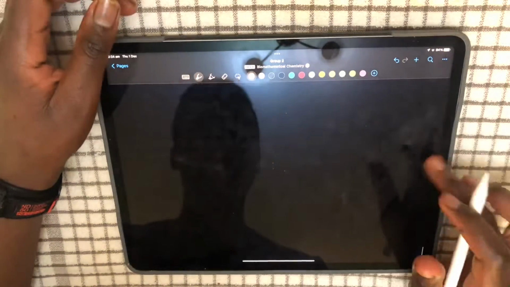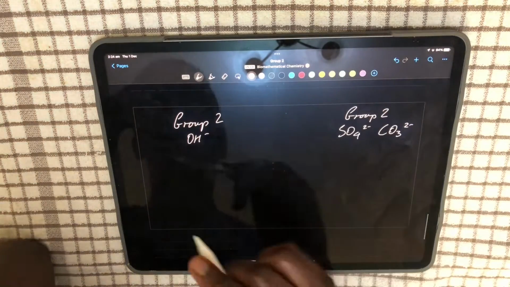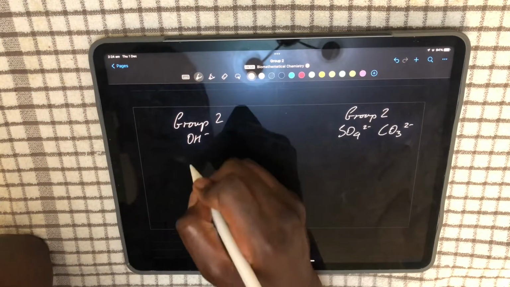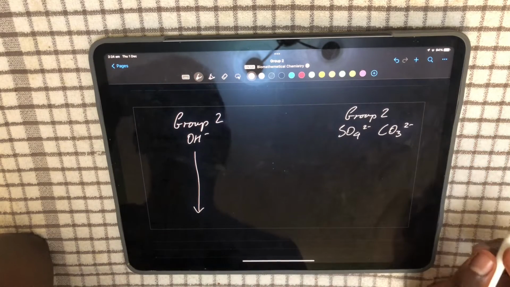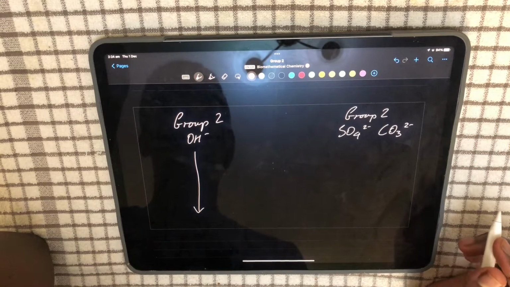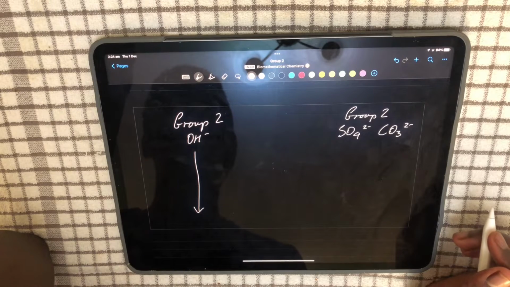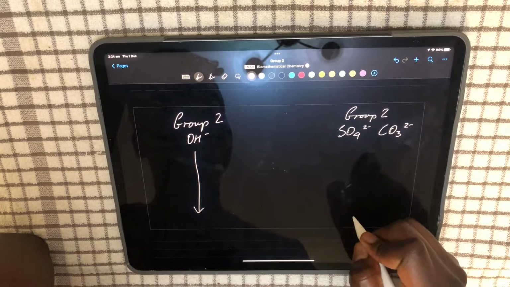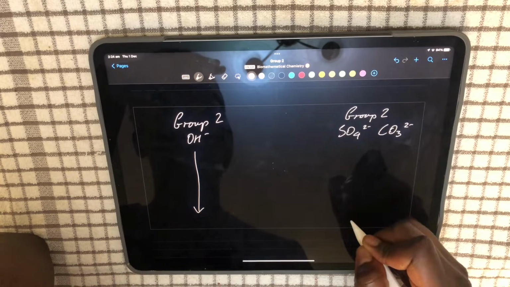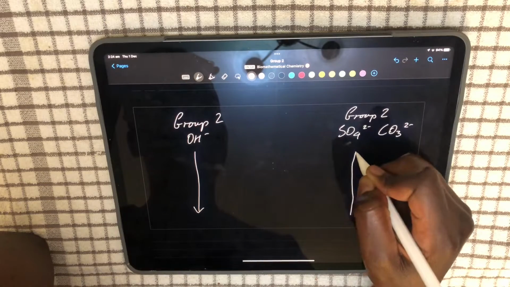Yes, as expected. So solubility increases as you go down group 2 when you're talking about hydroxides, whereas group 2 sulfates or carbonates increase in solubility as you go up the group.